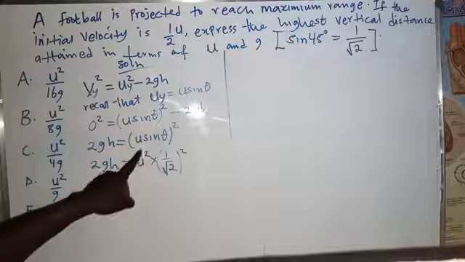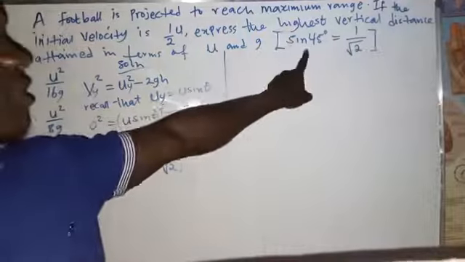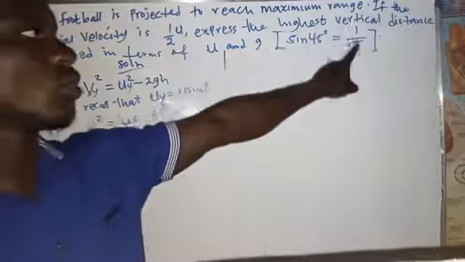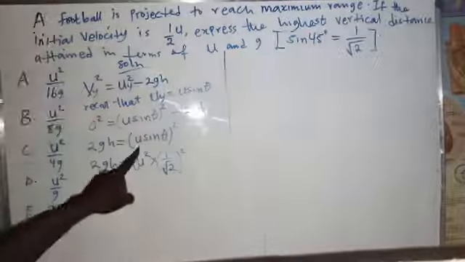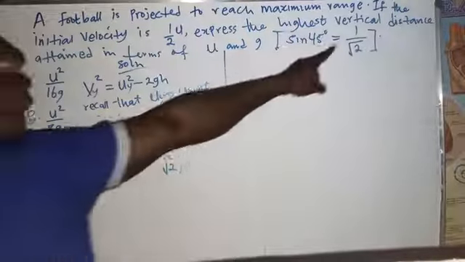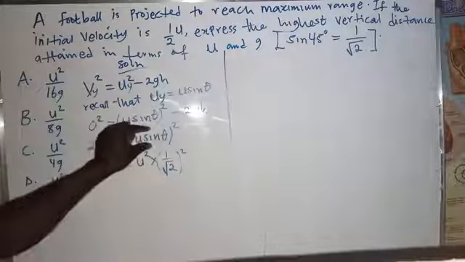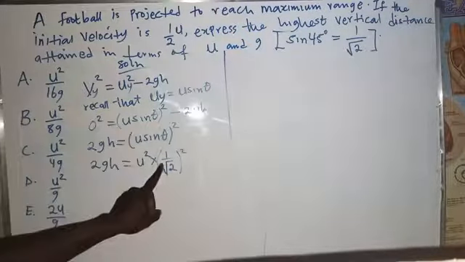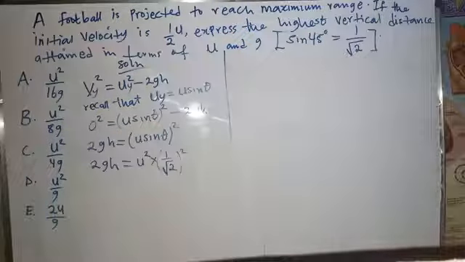The theta is 45 degrees, and sine 45 degrees is equal to 1 over root 2. So instead of writing sine 45 degrees here, the value is already given to be 1 all over root 2. Remove sine theta from here and replace it with 1 all over root 2.